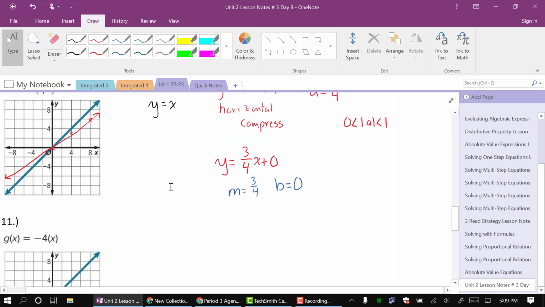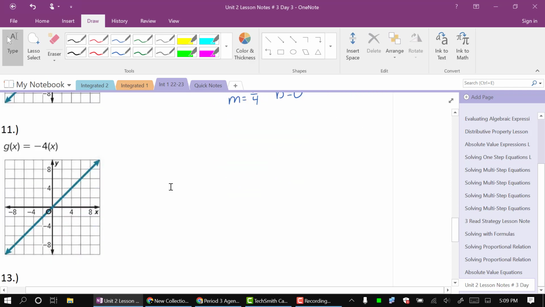Let's take a look at problem 11. With problem 11, I have g of x equals -4x. As always, our parent function is f of x equals x. They've already graphed it, so we don't have to worry about doing the graph for this.